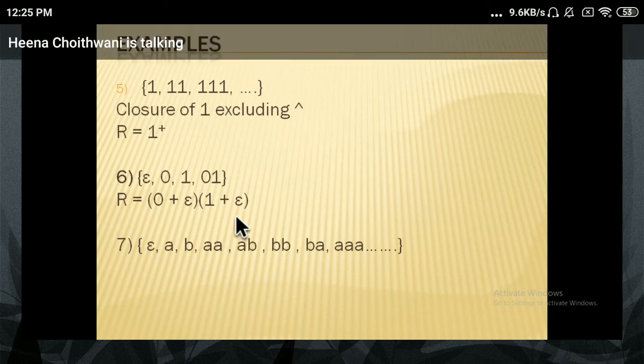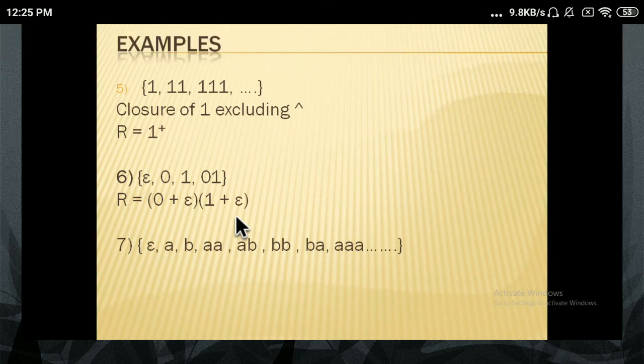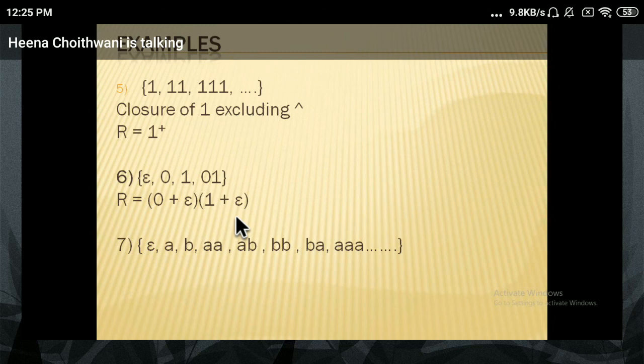If we take a star of that, can I get this language? If I take the star of the union of A and B, can we have this language? Please check. Your union will have A plus B, which means we can have a string A, a string B, or a combination of them, that is AB or BA. Now check: if we take a star of the union, can we have this language now?